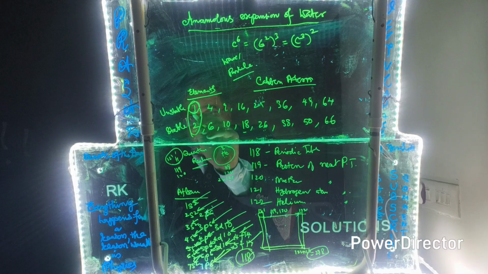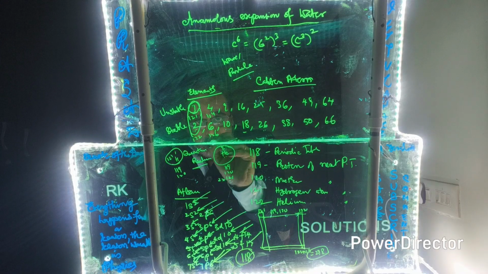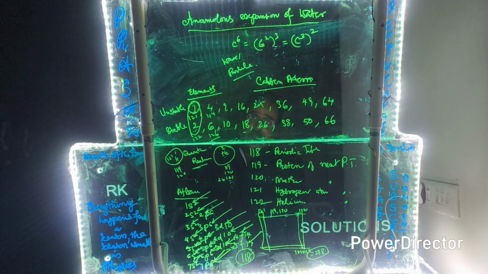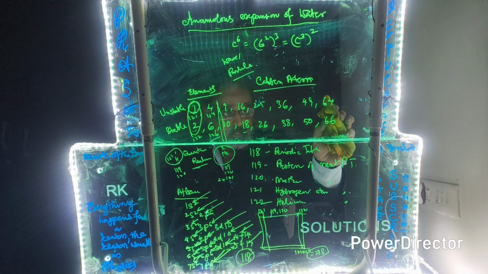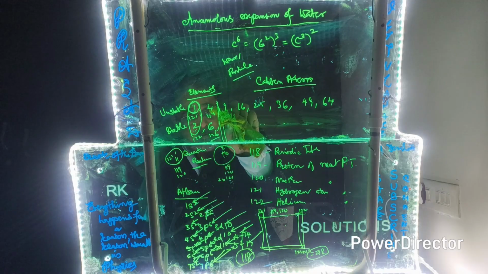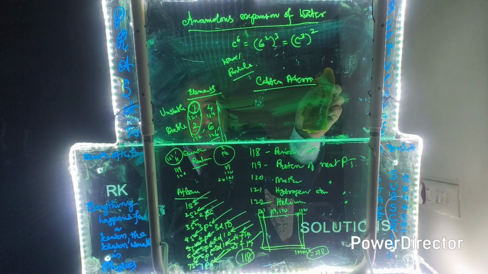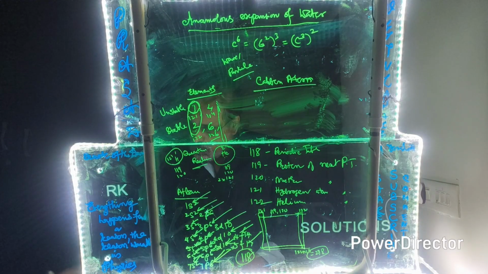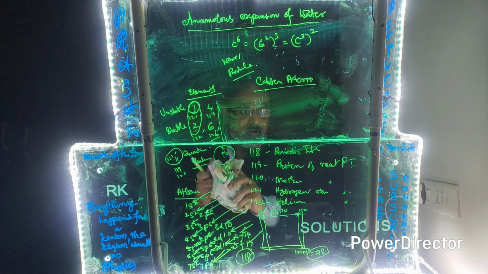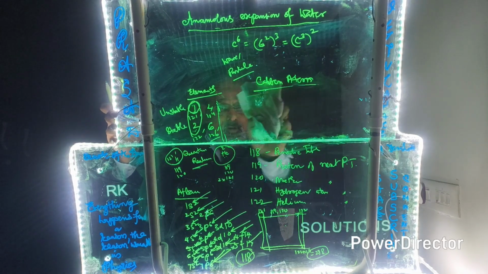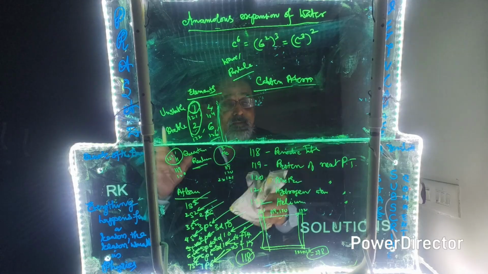And this is like 121, this is like 122, this is like 124, this is like 126. I am stopping here because the supersymmetry ends there. We are not interested in the whole of the new periodic table.